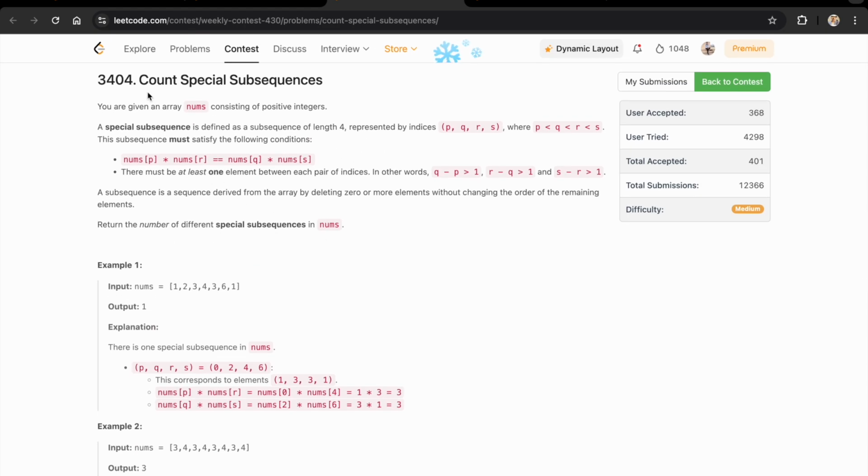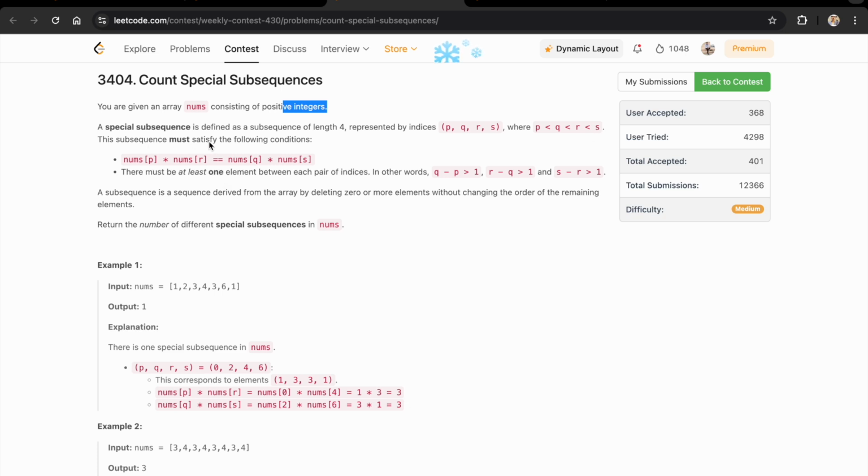Okay, so the question name is count special subsequences. In this we are given an array nums consisting of positive integers. A special subsequence is defined as a subsequence of length 4 represented by indices p, q, r, s, where p is less than q, is less than r, is less than s.